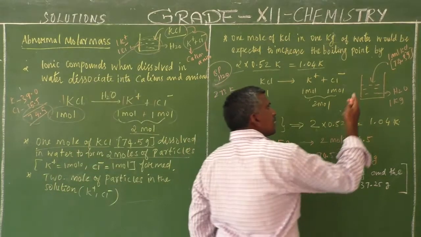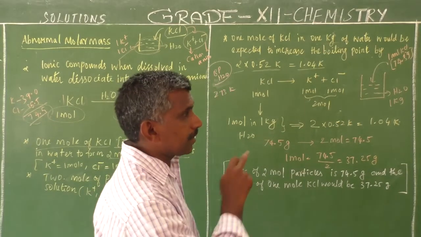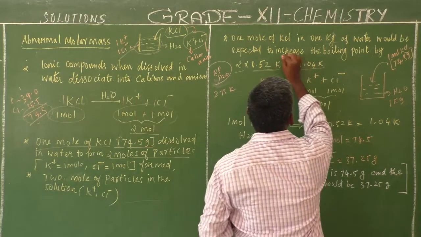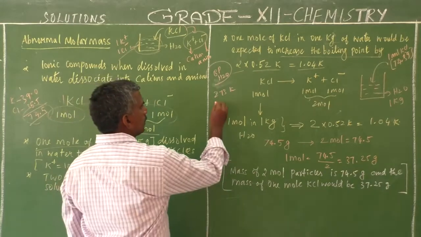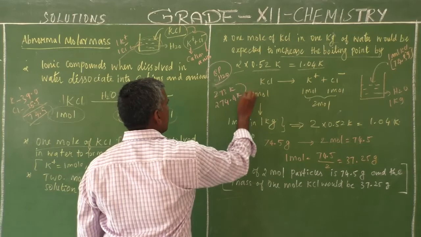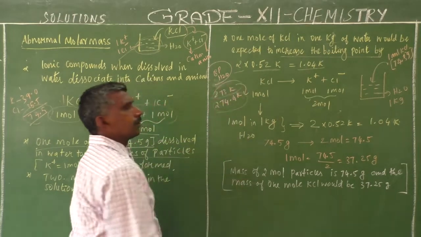But when a non-volatile solute, 1 mole of sodium chloride or potassium chloride, is added, what happens? The boiling point increases. By how many Kelvin? 1.04 Kelvin. This is an experimental value, the true value.